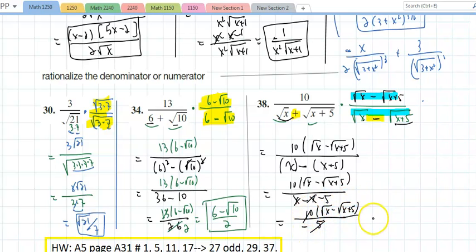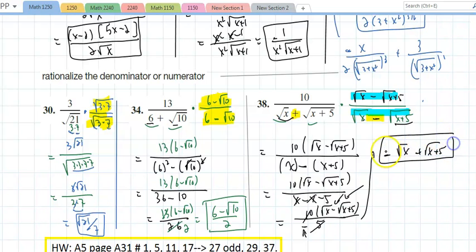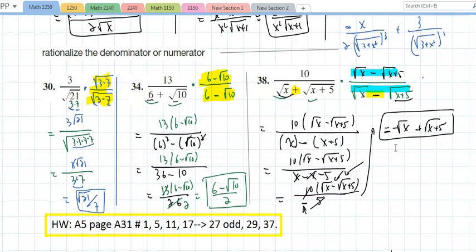And wouldn't these two cancel out? And I have to distribute the negative. So change both of these signs. And there it is. And the homework is right there. Again, we're going to tackle those two sections and get them out of the way.